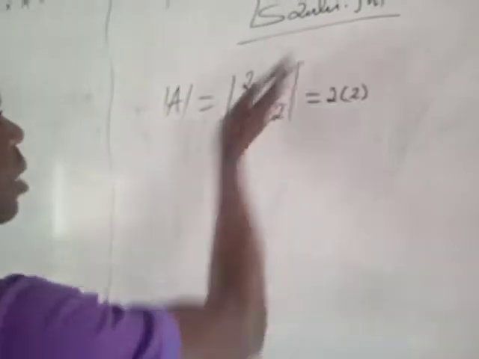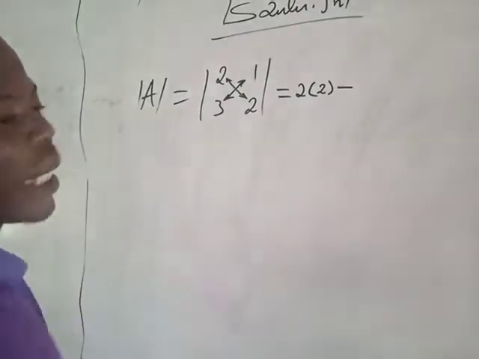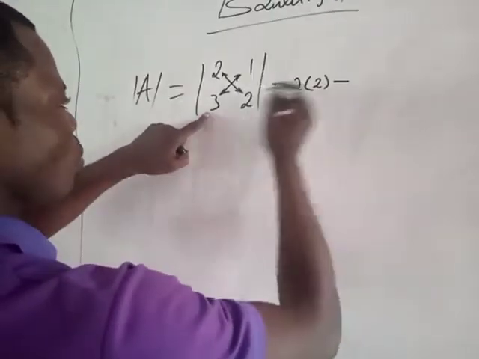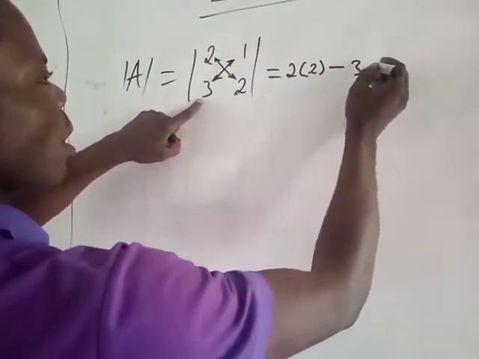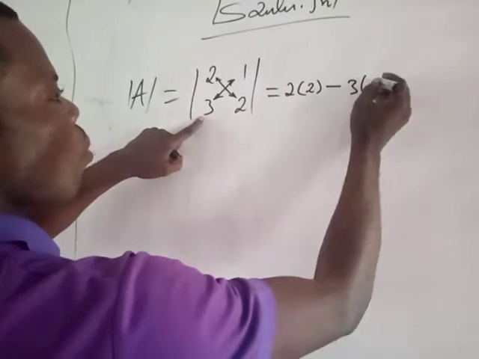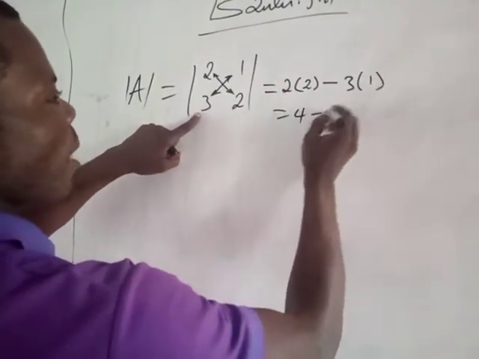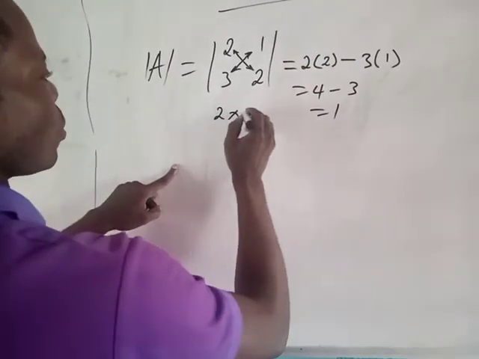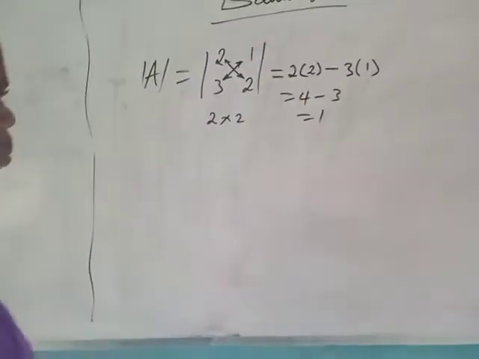And the anti-diagonal, we put a minus. The anti-diagonal elements multiplied are 3 into 1. And this will be 4 minus 3, and the answer is 1. Don't forget this is a 2 by 2 matrix.